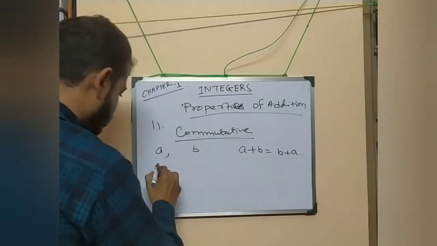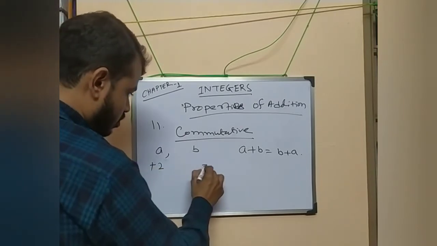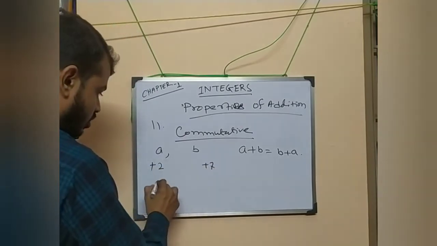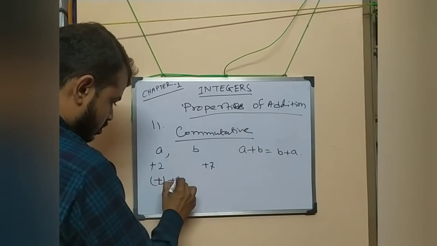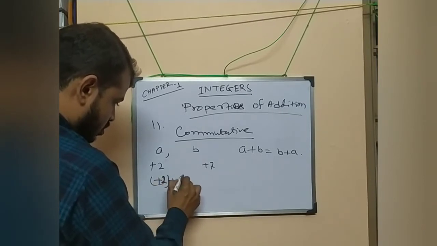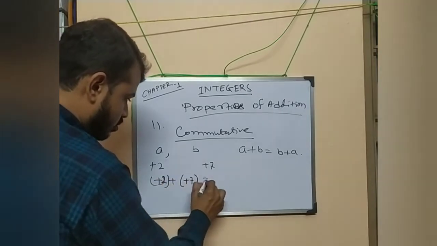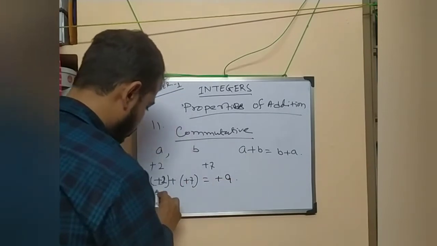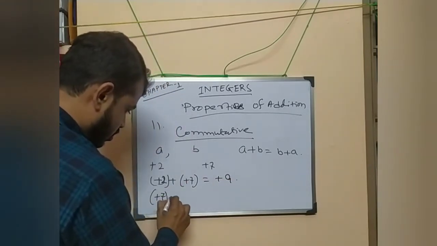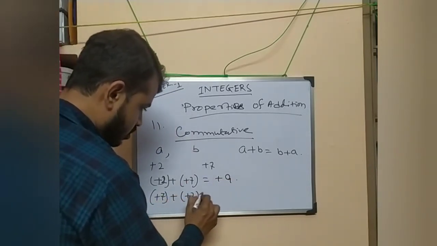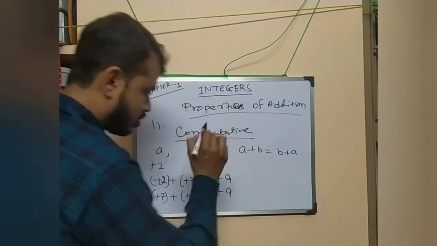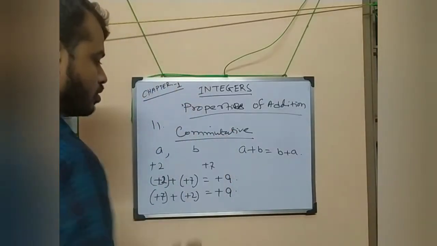That means if we add two integers 2 and 7, if we add 2 plus 7, then we have 9, and if we add 7 plus 2, then also you have 9. This is called commutative property.